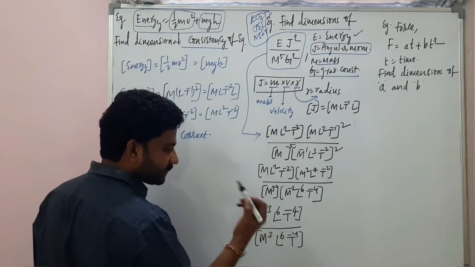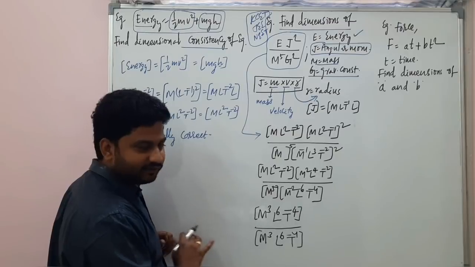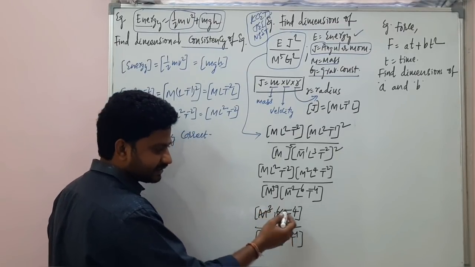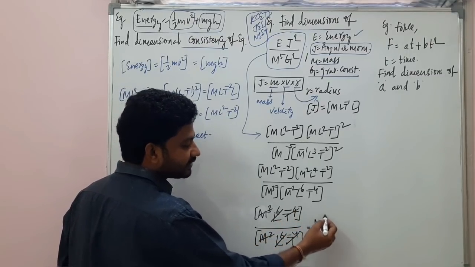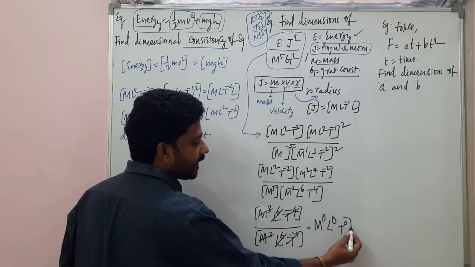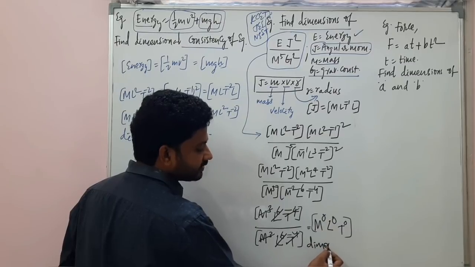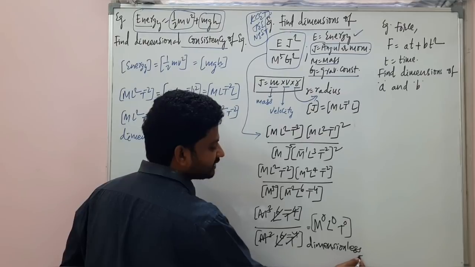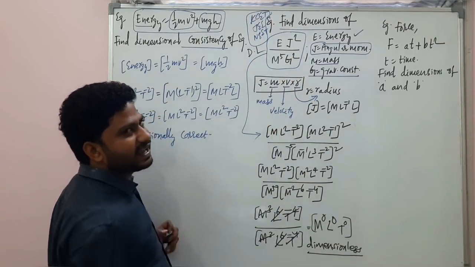Carefully, if you see, the numerator and denominator have the same dimensional formula. So M3 cancels, L6 cancels, T minus 4 cancels, and you get M0 L0 T0. I can say the given physical quantity or expression is dimensionless.